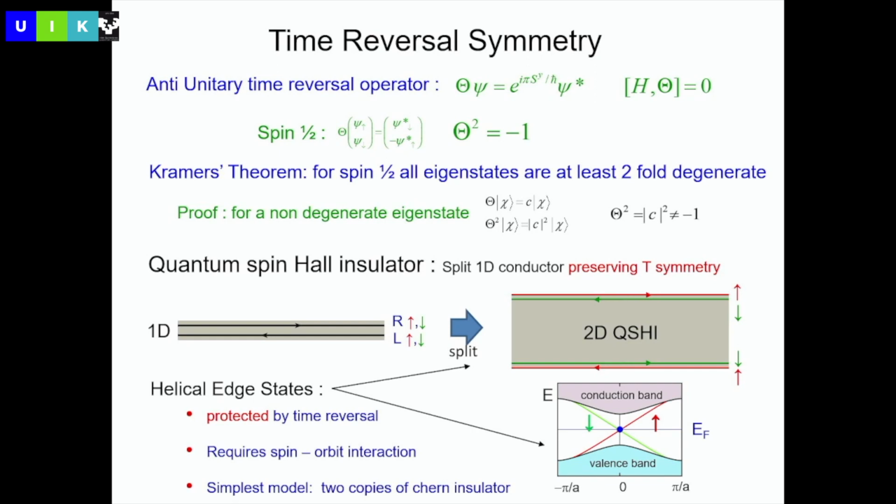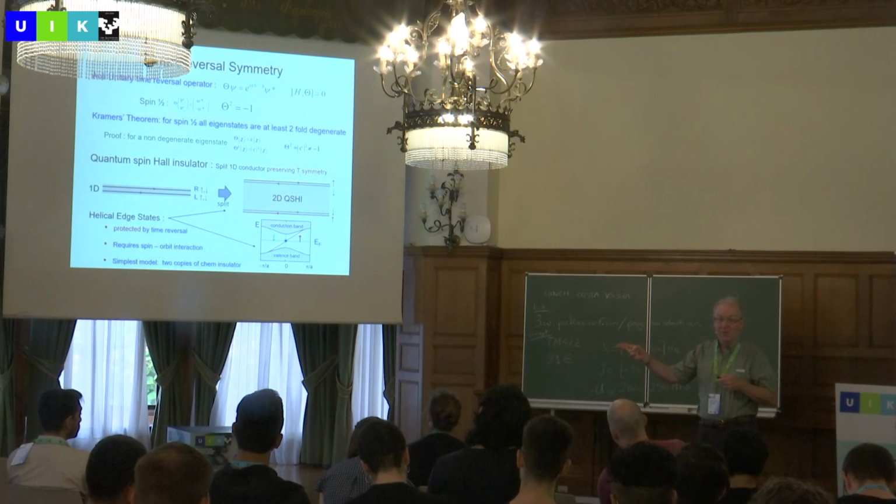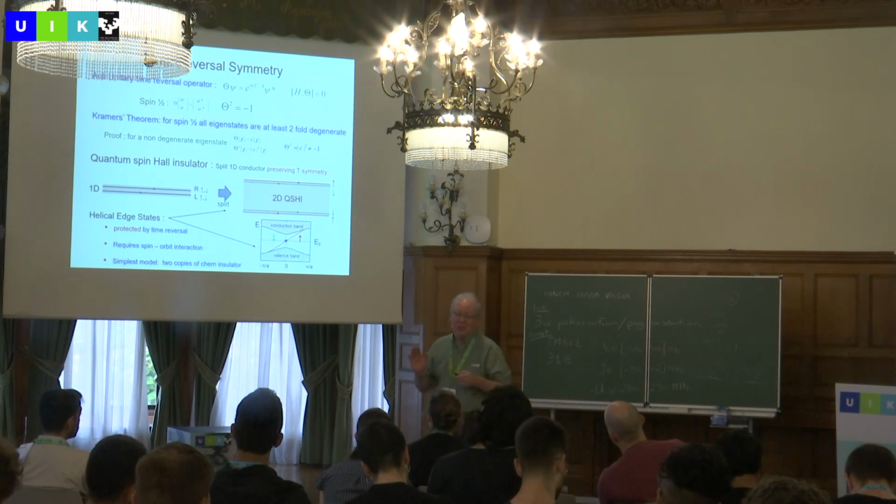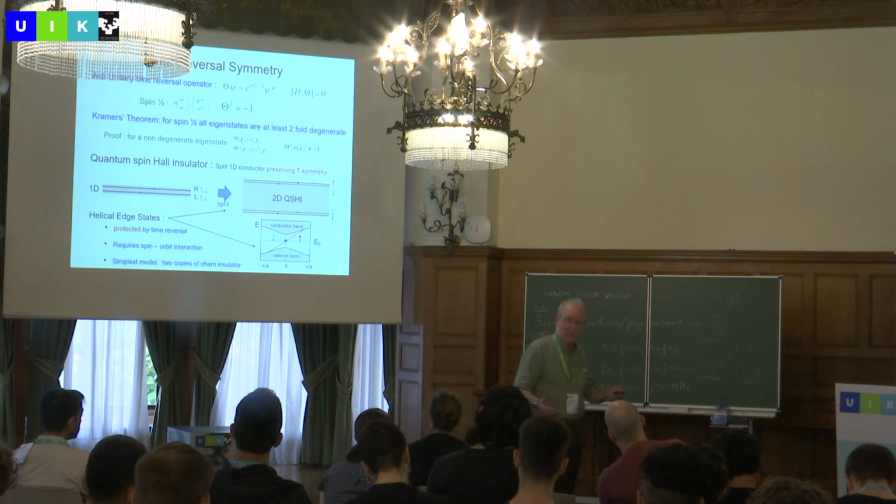The contradiction, therefore, is that the magnitude squared of c cannot be equal to -1. So the assumption that it was non-degenerate had to be wrong, and so every state has a Kramers partner.